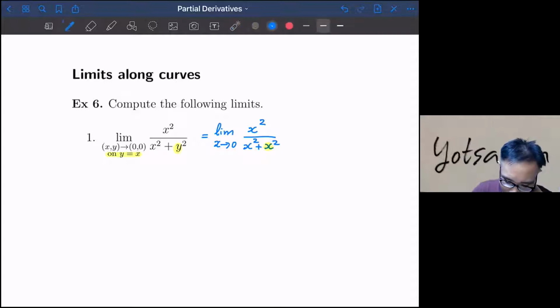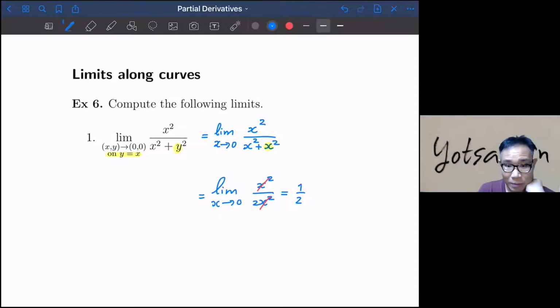And you see that this guy can be simplified to x squared over 2x squared. And you'll be able to get rid of x squared and x squared. So this guy is 1/2. So you basically get this answer for this limit.